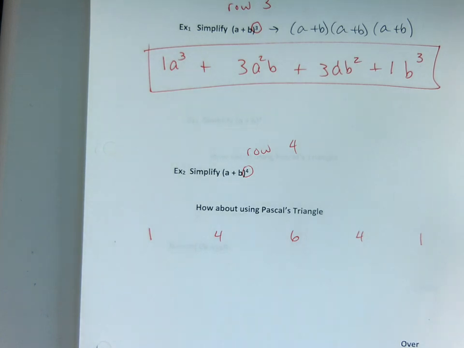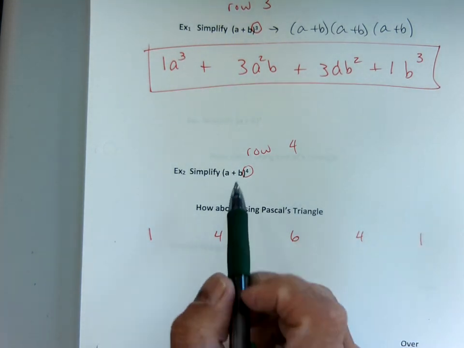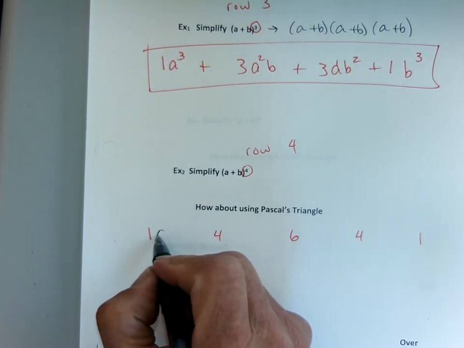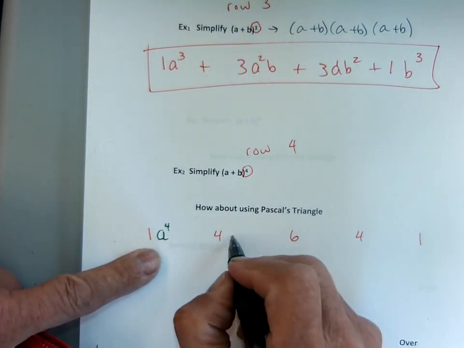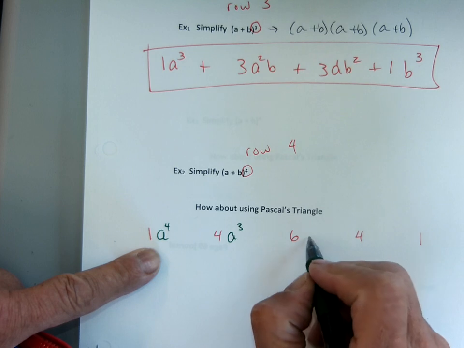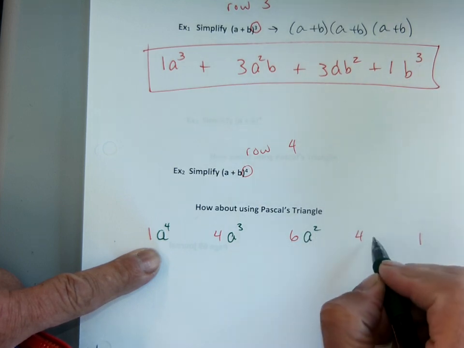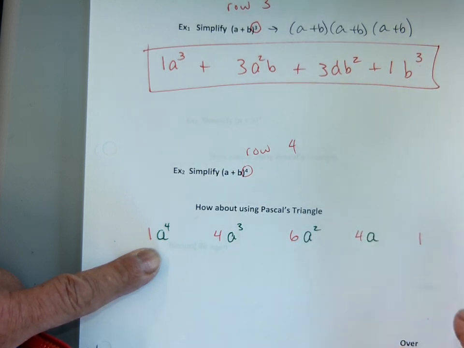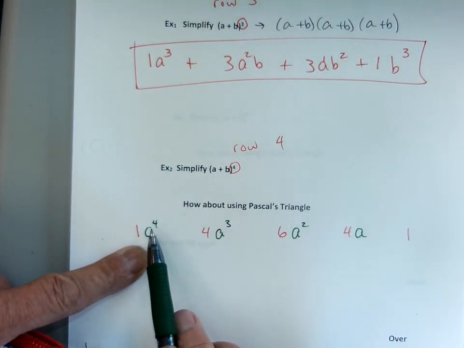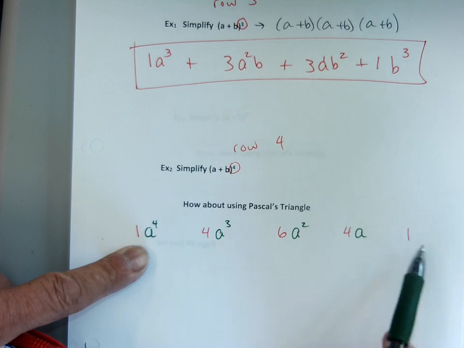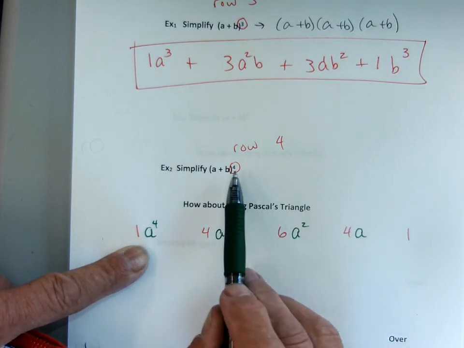I'm going to have some a to the fourth. So I'm going to go a^4, a^3, a^2, a^1, no a's. See how I did this? Fourth row to the fourth power. a^4, a^3, a^2, a^1, no a's. Okay? And on the back side, I got to have some b's, right?